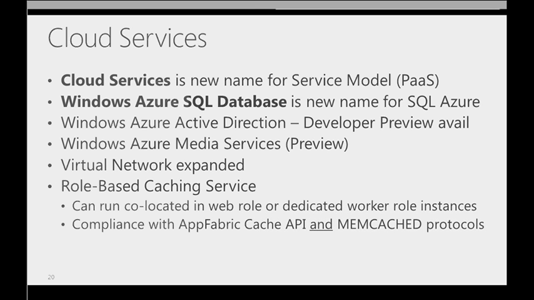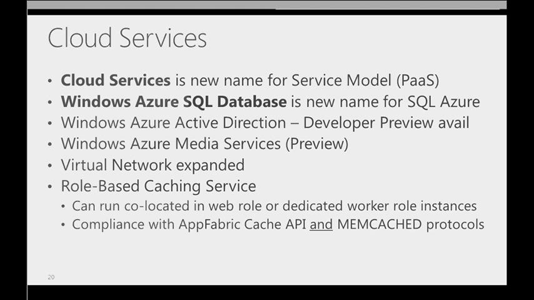Or if I wanted, I could set up a dedicated cache worker role where I buy by the hour an extra small to extra large virtual machine, and I have caching running on that. So that's my cached instance there. And I can have multiple instances of those and just pay per hour for those. So I have options on how I want to do that, anywhere from basically not paying any extra for caching because I'm using my memory on an existing web role, or paying a little more to have dedicated virtual machines.